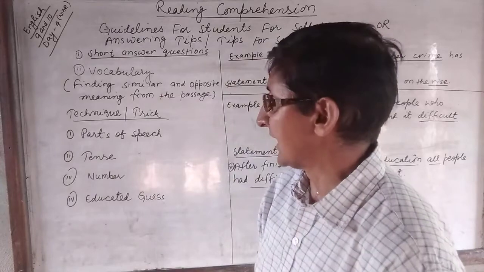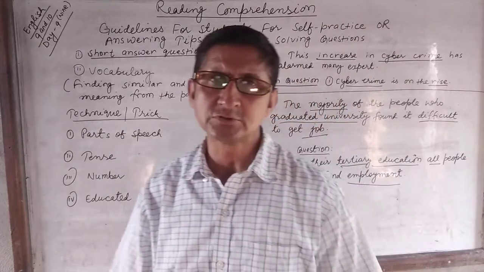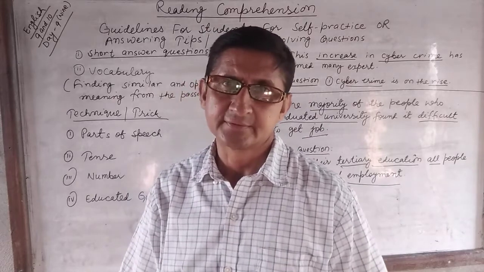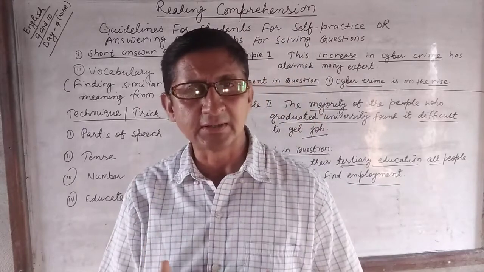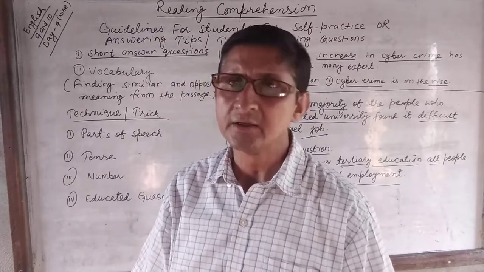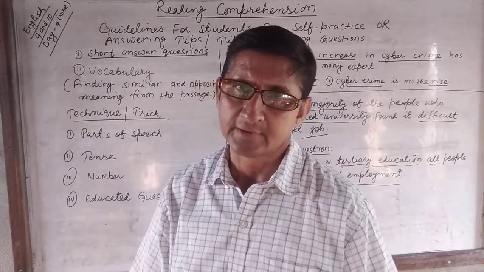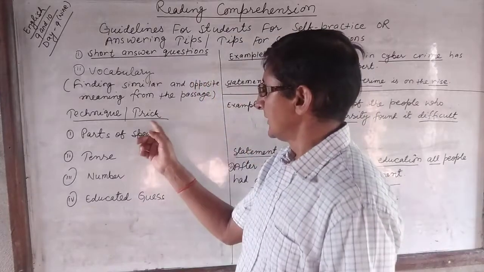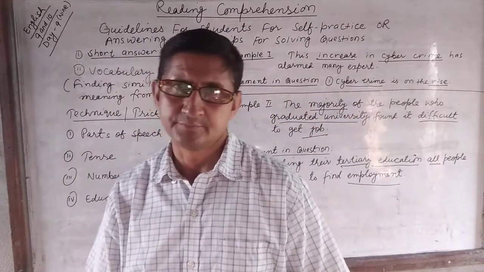And here in this class, we are going to learn some techniques, some tricks, on how to find out the synonyms and antonyms, or similar and opposite meaning, from the passage. The first trick, the first technique, is parts of speech.